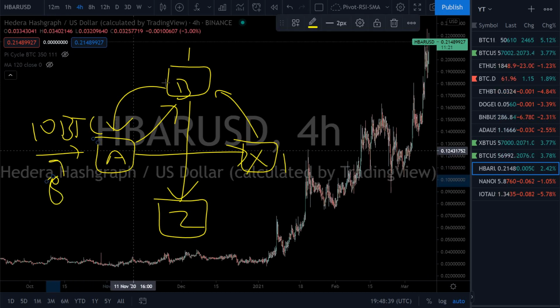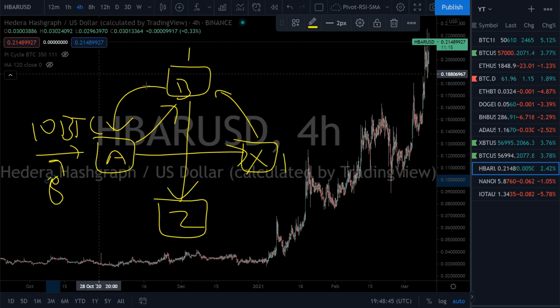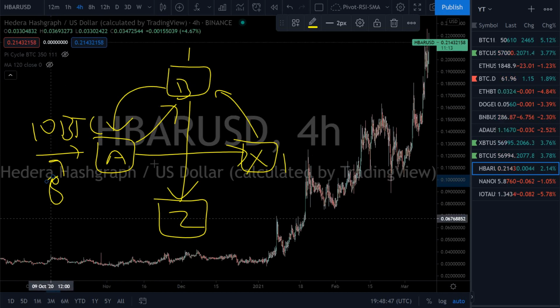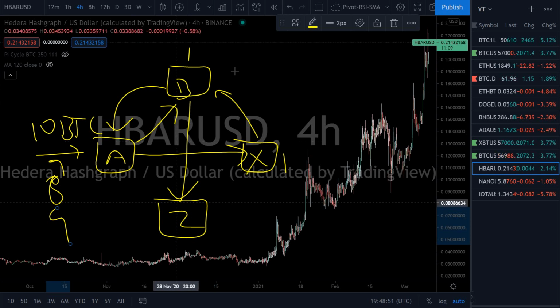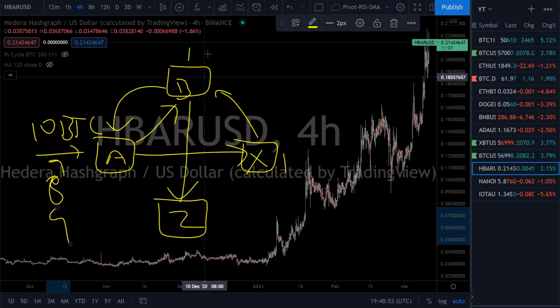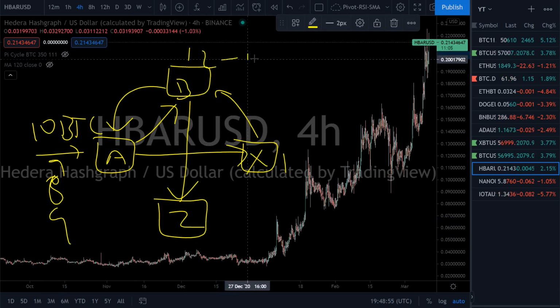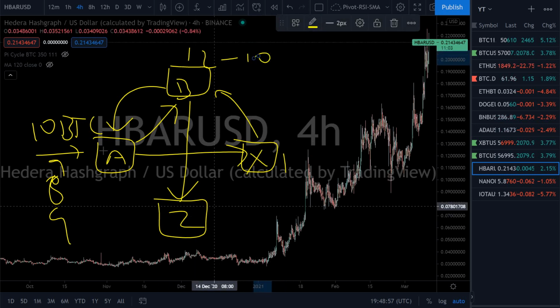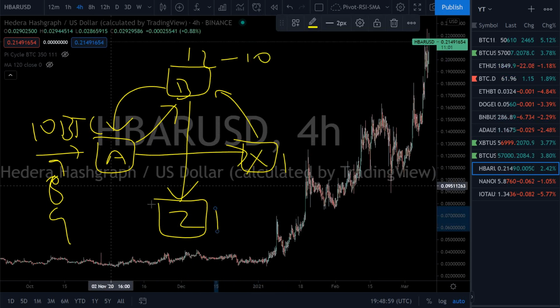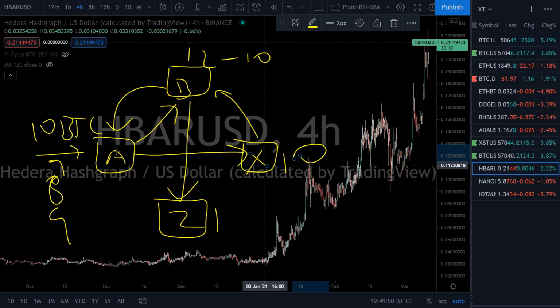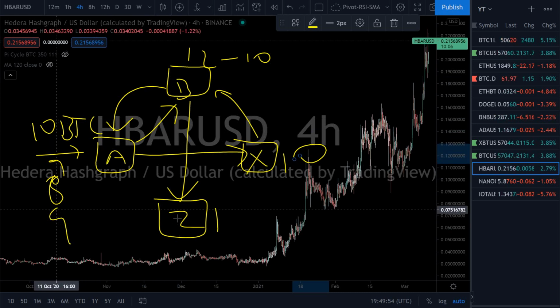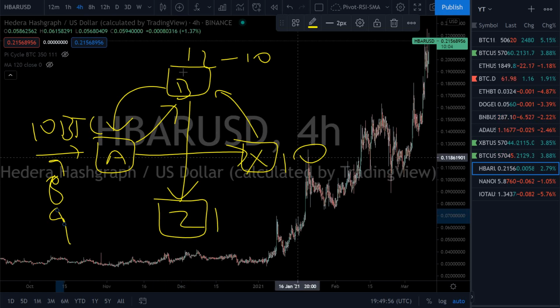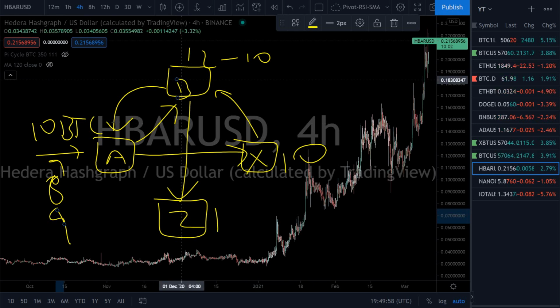Then A received 1 Bitcoin from B, so he's back up to 9. And B sent 1 Bitcoin to Z, so B went from 1 to 2 to 1 to 0, and Z now has 1. But the ultimate state is that at the end of all this, we need to know that A has 9 Bitcoin, Z has 1, and X and B have 0.